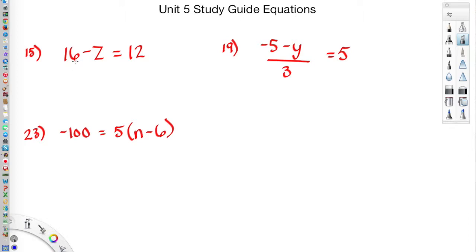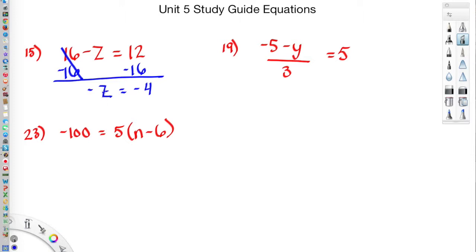I've got number 15. I have 16 minus z is equal to 12. Technically, this is a 2-step equation. I see what's going on here. I've got 16 being added to a negative z, so the inverse of adding 16 is subtracting 16. I'm going to do that to both sides. Okay, and I'm left with negative z is equal to a negative 4.